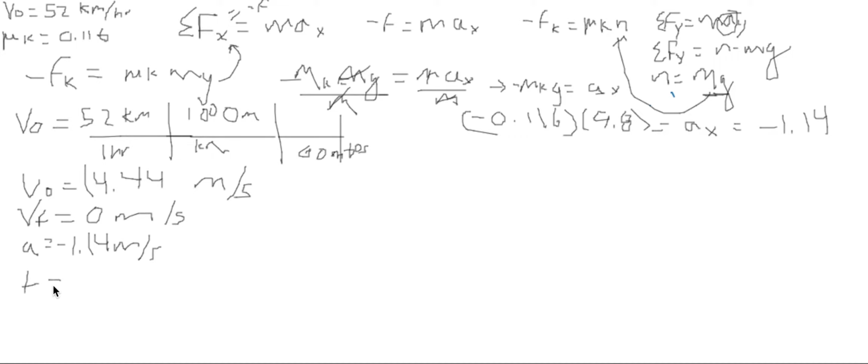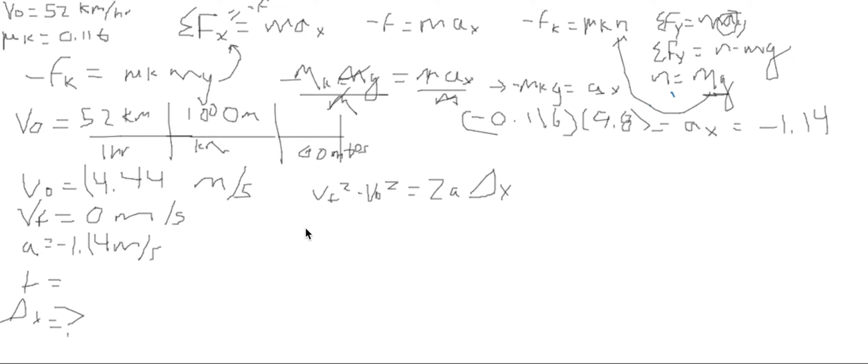The time we don't need, and we're solving for a delta x. So we can use the equation Vf squared minus V0 squared equals 2 times acceleration times change in displacement. So now we would plug in our values here and solve for delta x.